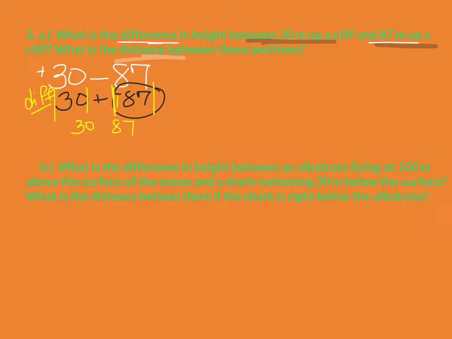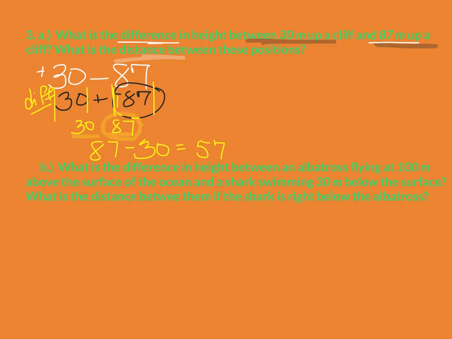I'm finding the difference. That means I get to subtract 87 minus 30. Well, 80 minus 30, of course, is 50, but it's 87, so that would be 57. And now I go back to my problem here before I took the absolute values, and I say which one of these, 30 or 87, is larger.